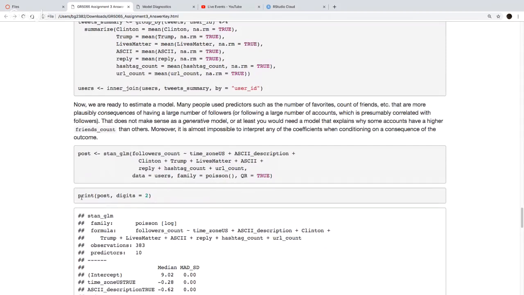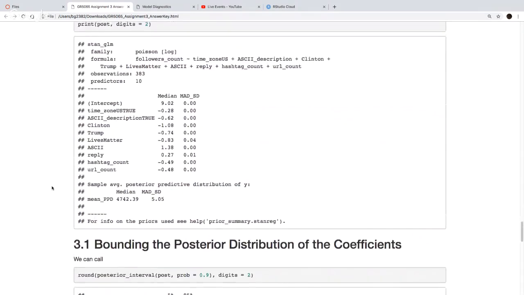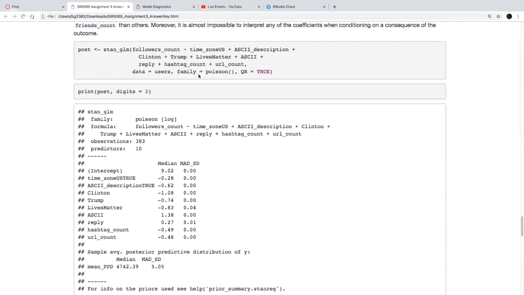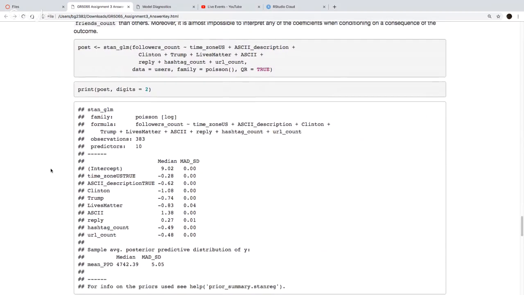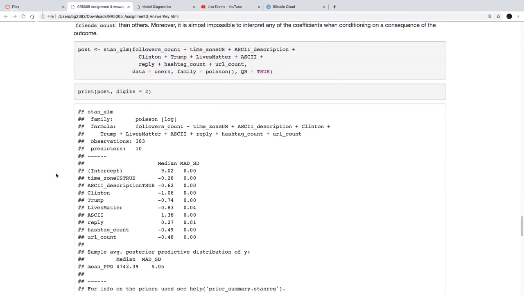normal priors, totally fine for a problem like this where we honestly are pretty uncertain about whether any of these things make a difference, but they actually kind of do, a lot of them. Some of these things have negative coefficients, which is a little bit surprising, particularly for the Clinton variable. So what proportion of the time do the tweets by that account mention one of the Clintons, presumably mostly Hillary Clinton.